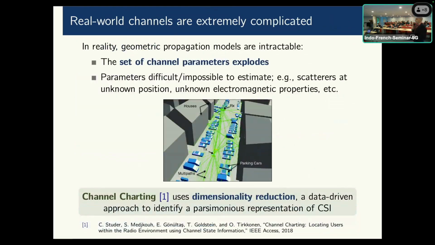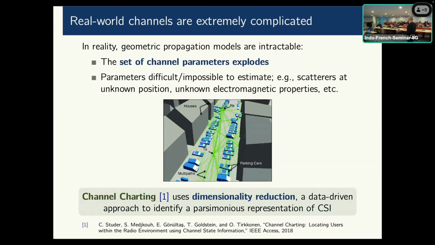In reality, we typically have much more complex situations, such as the one which is represented here. Between the single transmitter and the intended receiver, I have a bunch of scatterers. They have usually very complex geometry. I don't know a priori the permittivity of all the scatterers and so on.